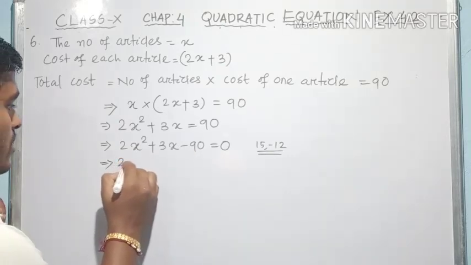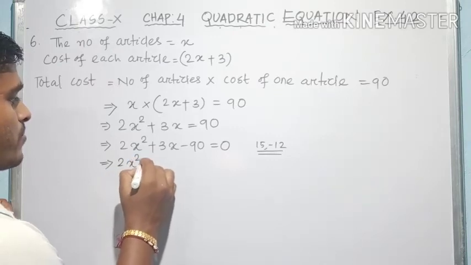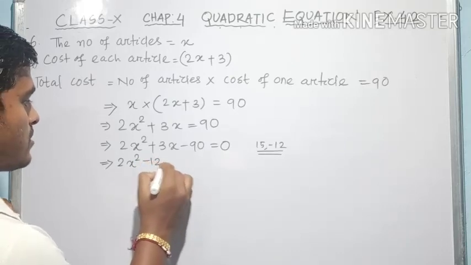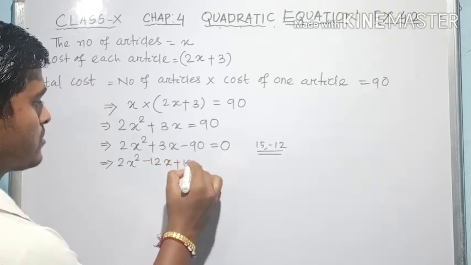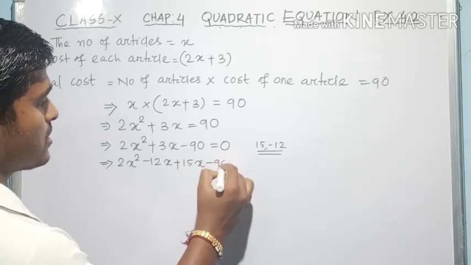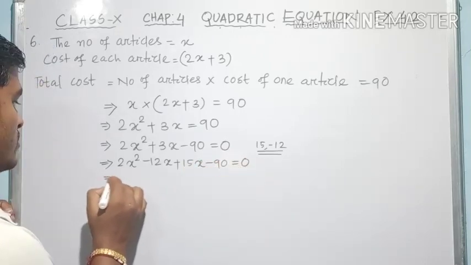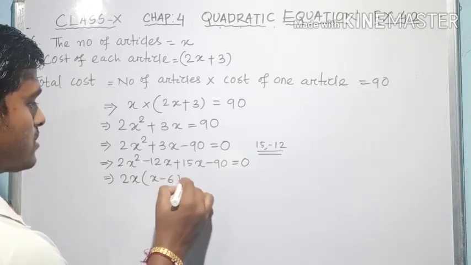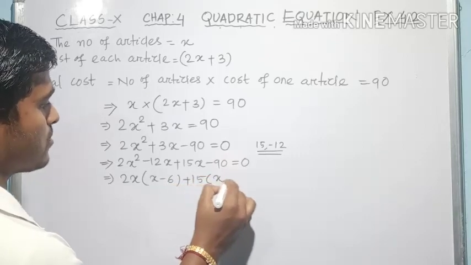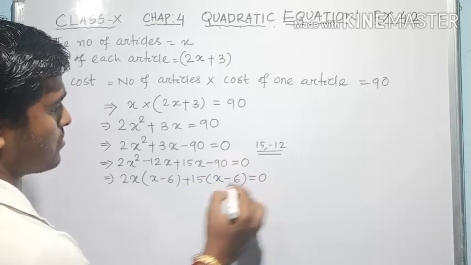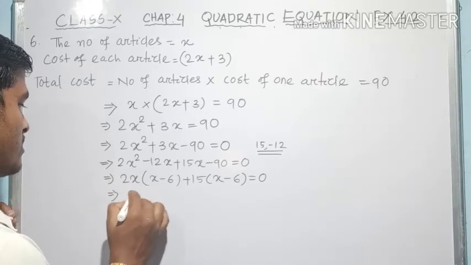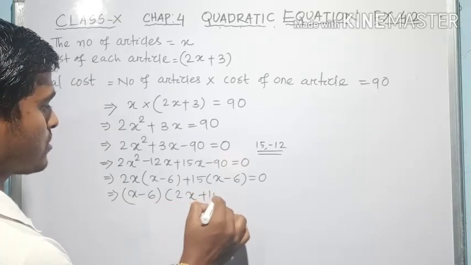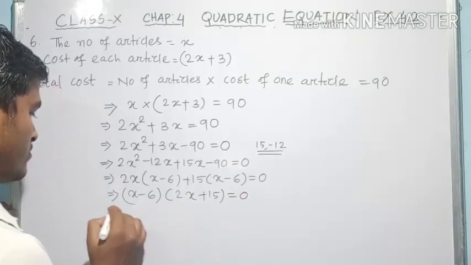So 2x square minus 12x plus 15x minus 90 is equal to 0. This implies if you take 2x common, here it will be x minus 6. If you take 15 common, then here will be x minus 6. This implies (x minus 6) into (2x plus 15) is equal to 0.